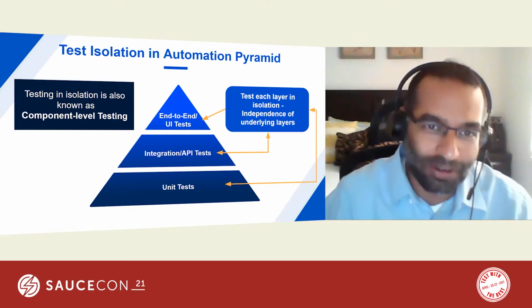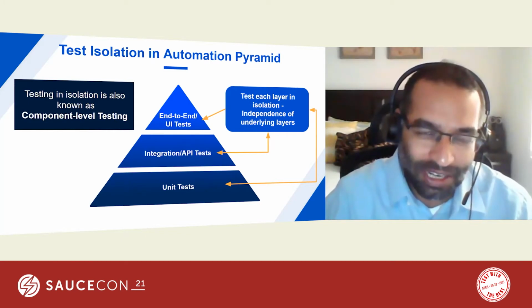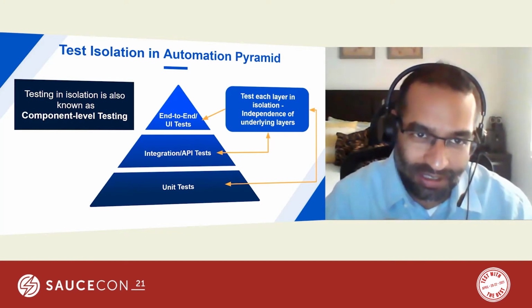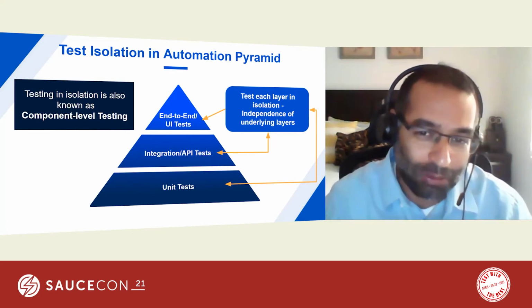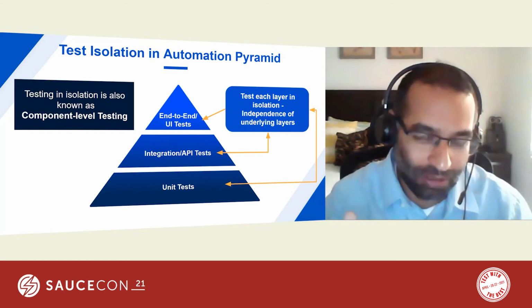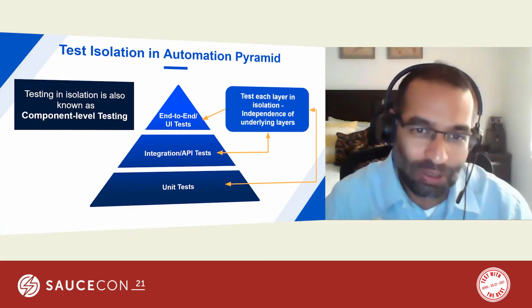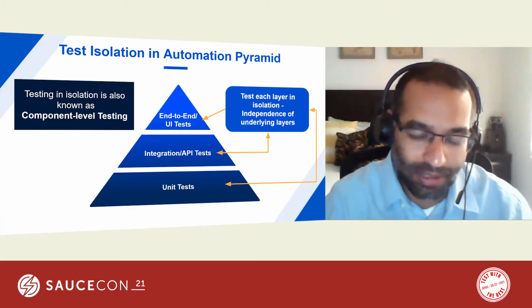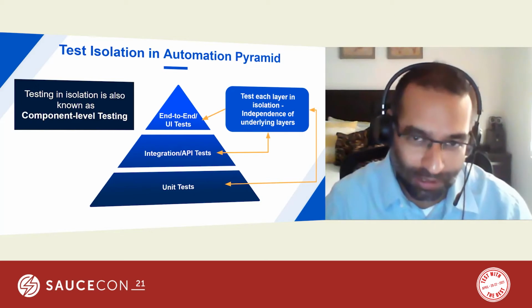As our focus is on automation, testing in isolation, as I said before, is applied to each layer of automation. In the testing pyramid, the major layers are unit testing, API testing, and end-to-end testing. It doesn't mean you can apply it only to the top layer or the API layer or unit level. It applies to every layer.